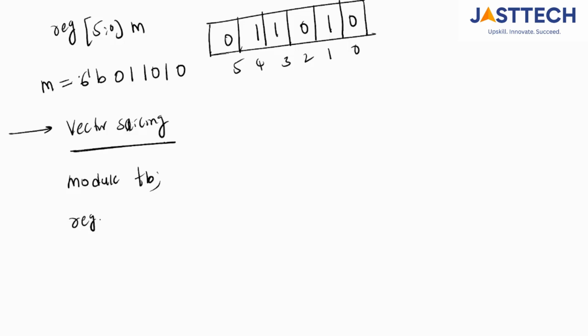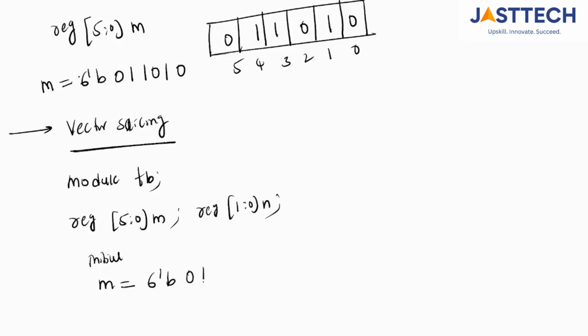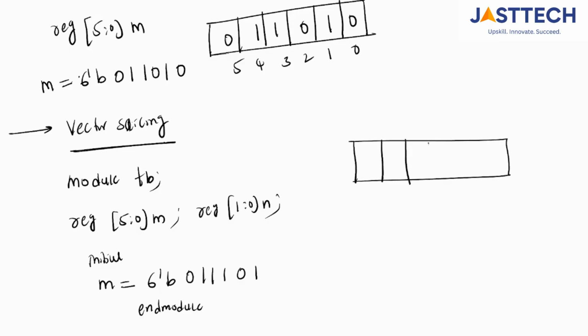I am declaring reg [5:0] m, and next I want to represent reg [1:0] n. Then initial m equal to, let us take, 6'b011101; endmodule. So here a total of 6 bits are there: 0 1 1 1 0 1.